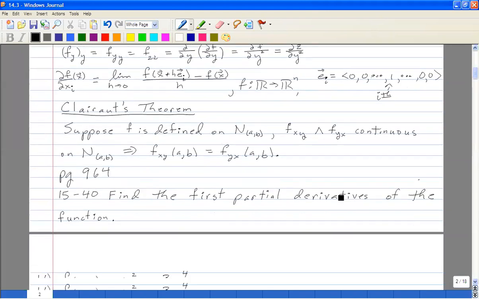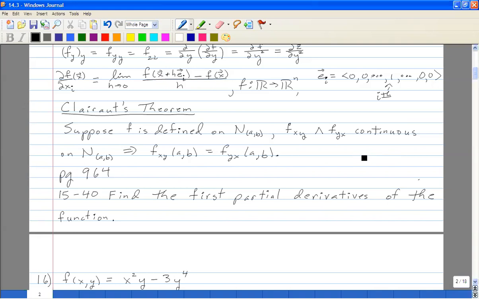Then the mixed partials are equal to each other. So long as the mixed partials are continuous in some neighborhood of a point, they will be equal to each other.